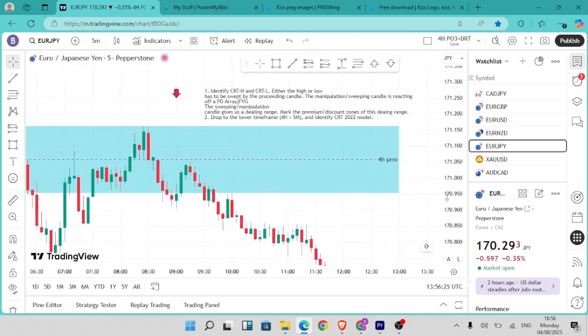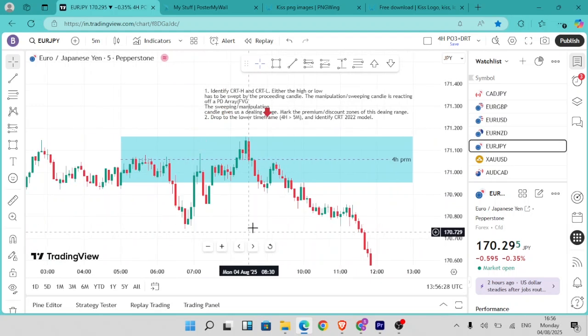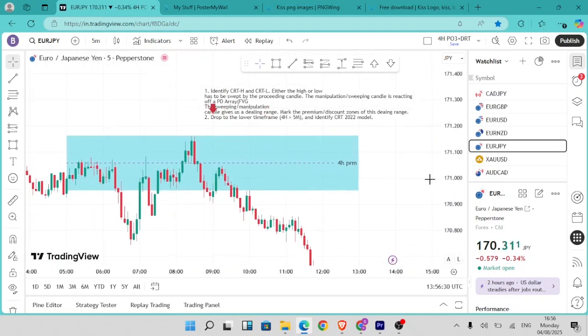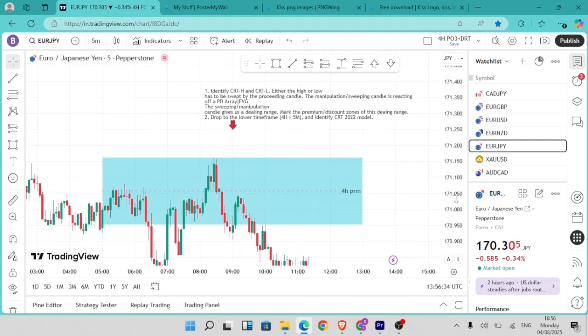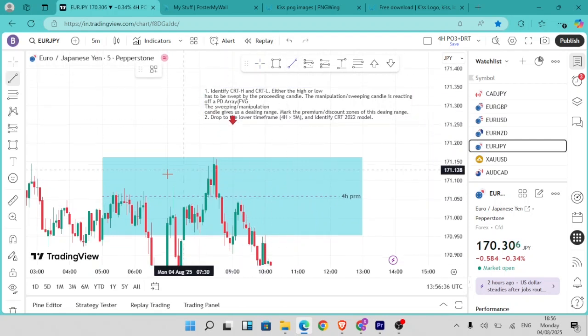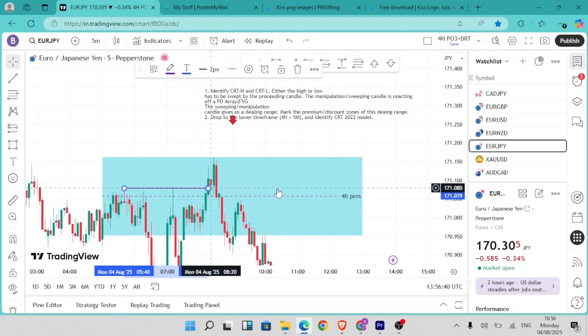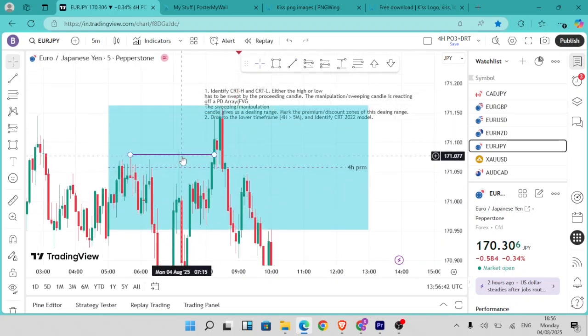And now we are identifying 3 things. The first thing is we want to see a liquidity sweep to the upside, which is this one, or even a more recent one, this.